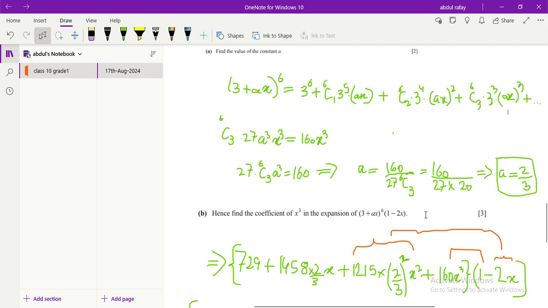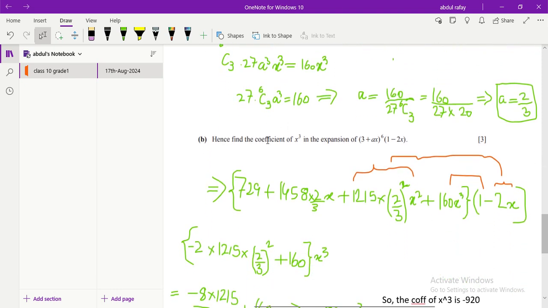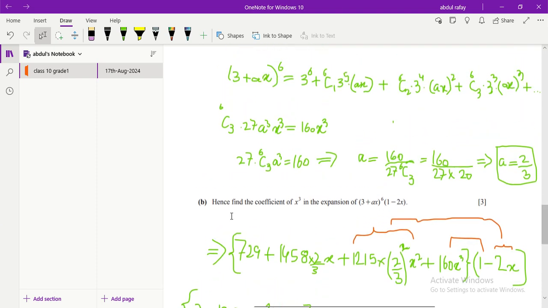Now in question number 3 part B, we need to find the coefficient of x cube. The expression is (3 plus a x) to the power 6, which is given. What I did here is rewrite the whole expression from this equation.